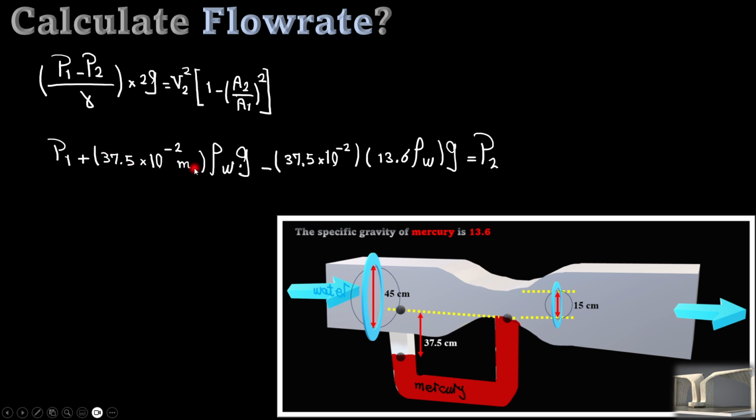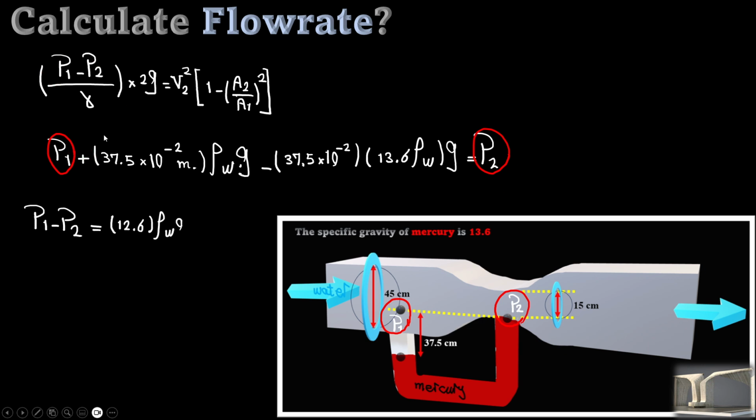So this is h times rho w times g, because we are in water, minus, if we move up this amount in mercury, the same height but this time rho mercury times g, and rho mercury is 13.6 times rho w times g, and we reach point 2. We start from point 1, move downward, come up to point 2, and now we know what our pressures are.